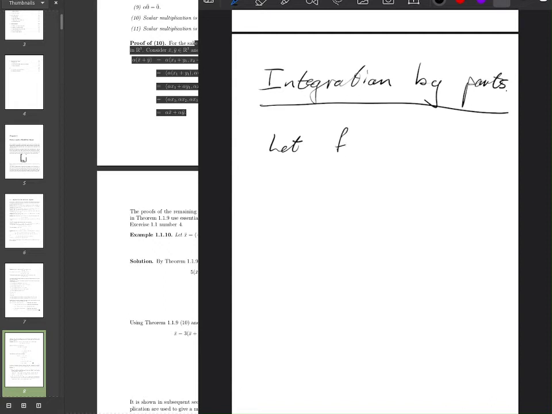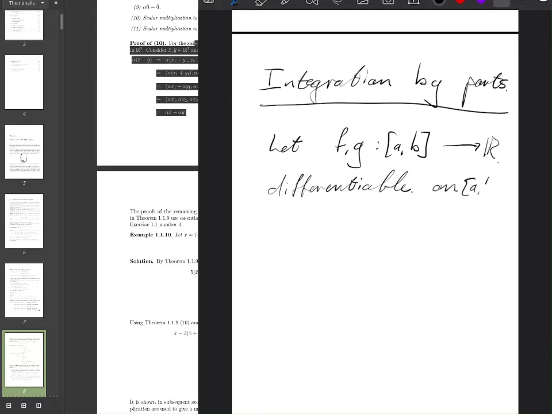Let f and g be functions defined on a closed interval from a to b, and let these functions be differentiable on this closed interval [a, b], and with continuous derivatives. So the derivatives are continuous on the interval [a, b].